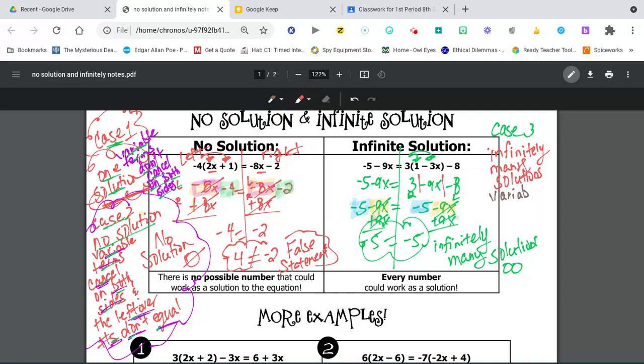Your variable terms cancel on both sides. And you all pause the video and write this down right now because I need to erase this, infinitely many solutions, because it's in my way.